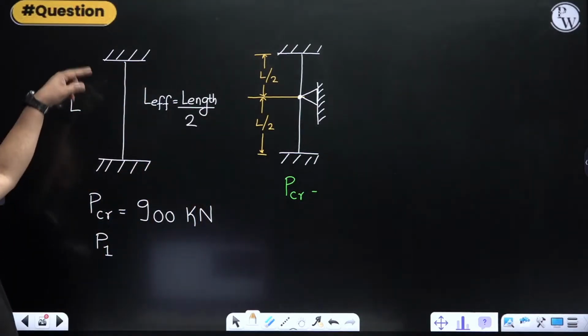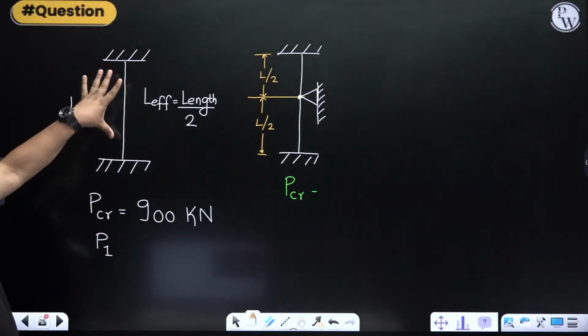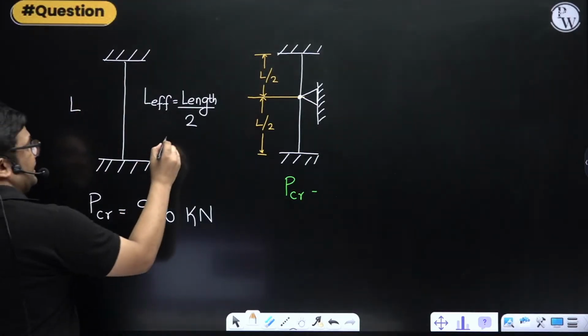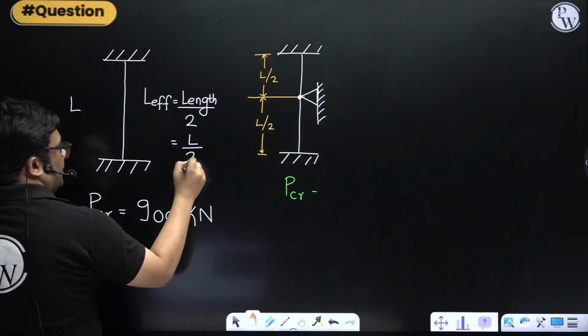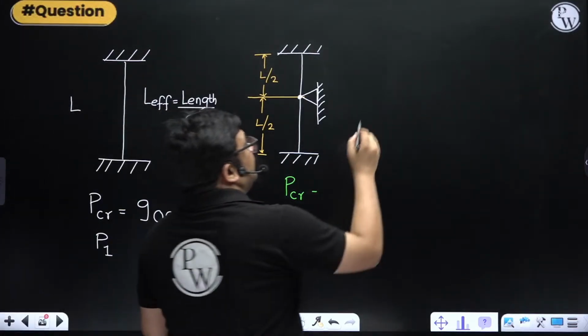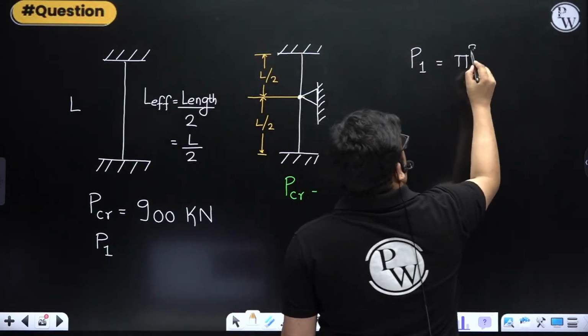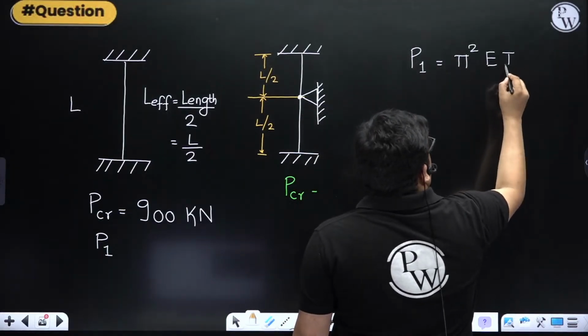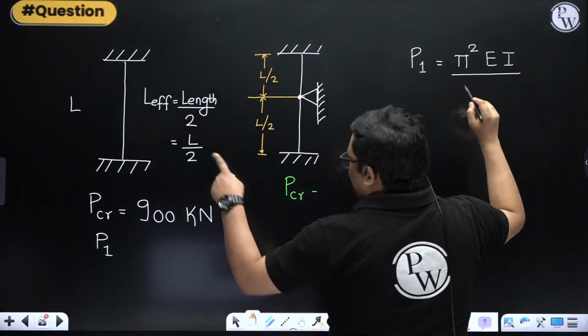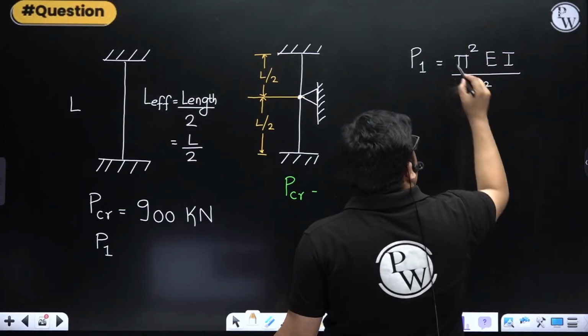So both ends fixed means length divided by 2, so L by 2. So P1 will be equal to pi square EI by (L by 2) square. So I can say pi square EI by L square by 4.